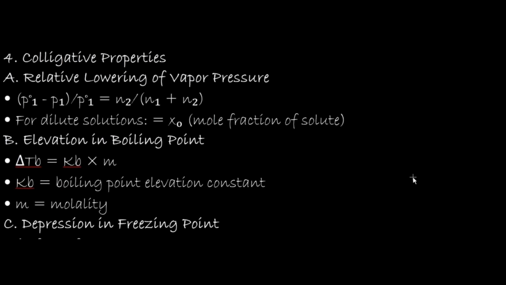Now we have talked enough about solutions and how they are mixing. It's time to talk about their colligative properties. There are 4 important colligative properties: relative lowering of vapor pressure, elevation in boiling point, depression in freezing point, and osmotic pressure.